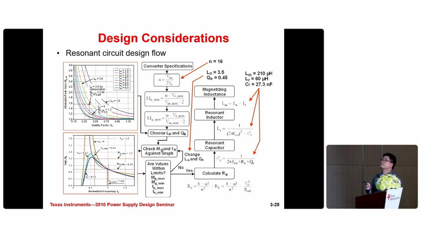And here, using the flow chart mentioned before, we can get the detailed parameters for the design, and this is the turn ratio, LM, and LCR here. So we need to check if these parameters are good or not.